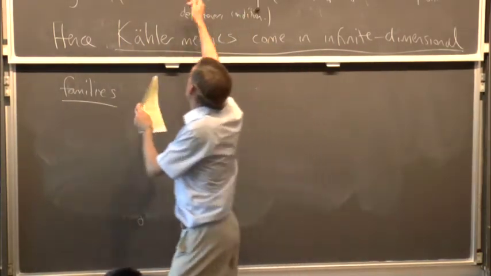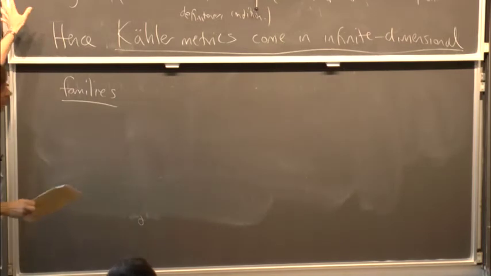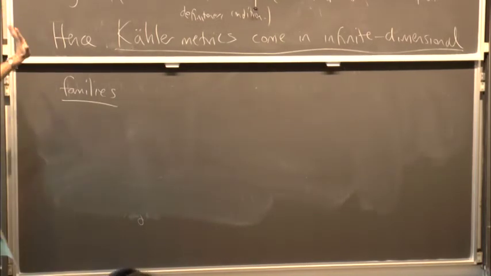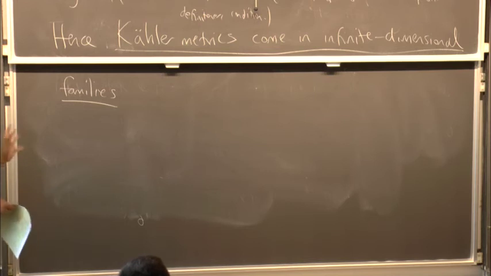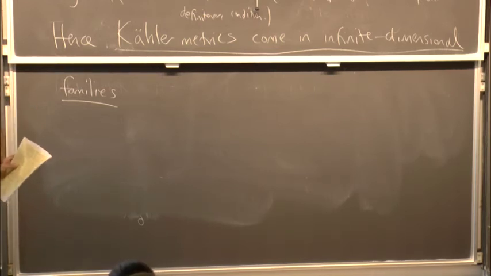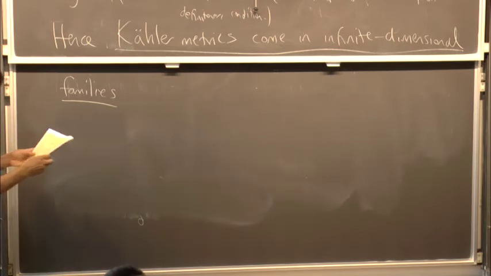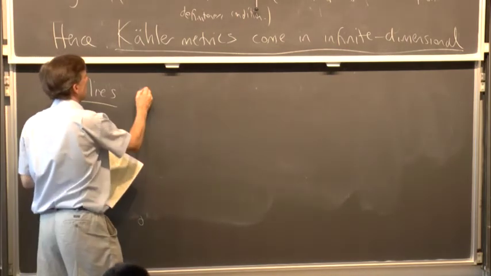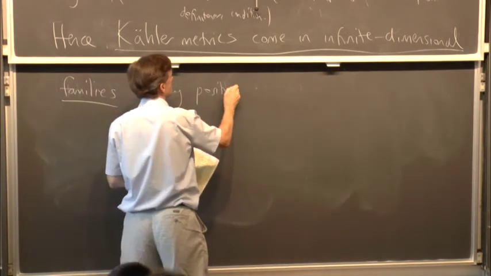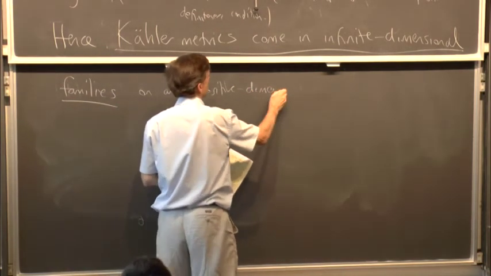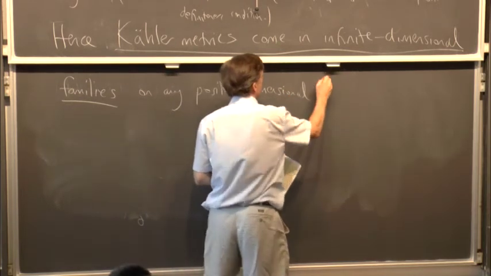And these metrics for different f, apart from the f differing by addition of constants, are really different, and they're not typically isometric under some automorphism of X. They really are different, and that's true on any positive dimensional Kähler manifolds.